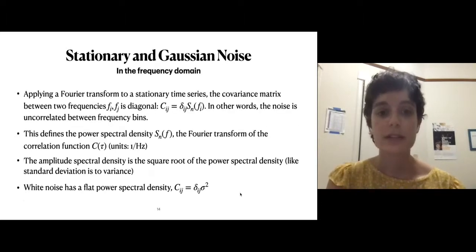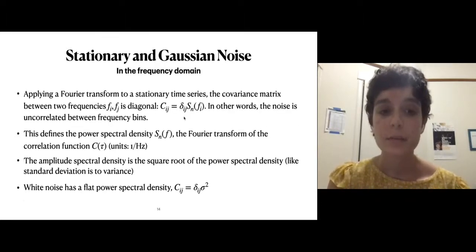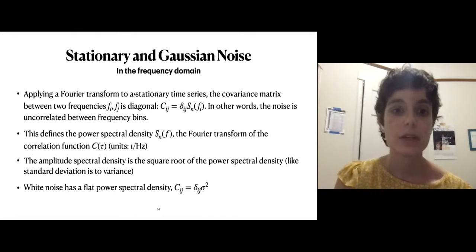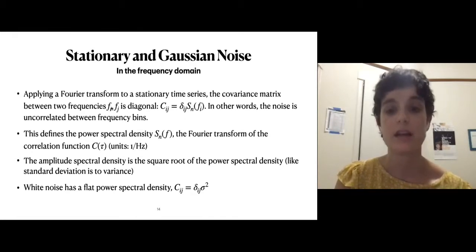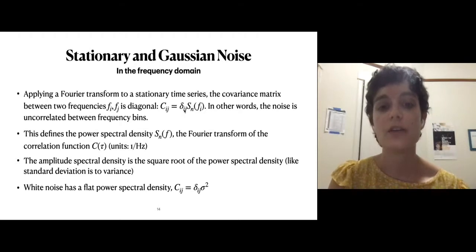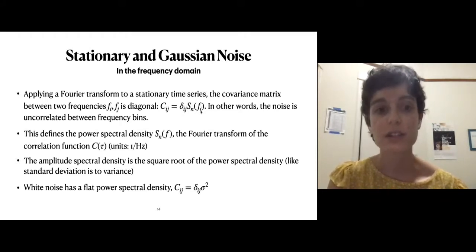So in the frequency domain, things are pretty simple. When we apply the Fourier transform to a stationary time series, the covariance matrix between two frequencies, f_i and f_j, is diagonal. We can write this in terms of this S_n of f_i function.